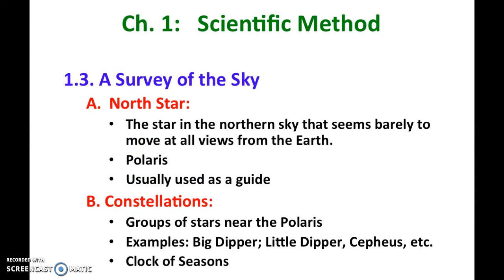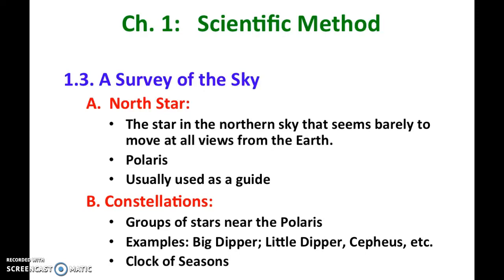Section 3, a survey of the sky. When we watch the sky, we can see a star in the northern sky that seems barely to move at all views from the Earth. Years after years and centuries after centuries, it appears at the same place in the sky. This star is called the Northern Star.